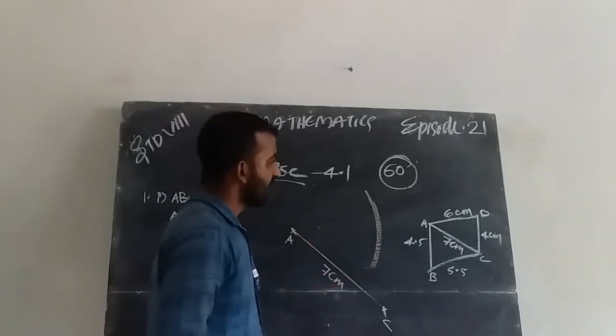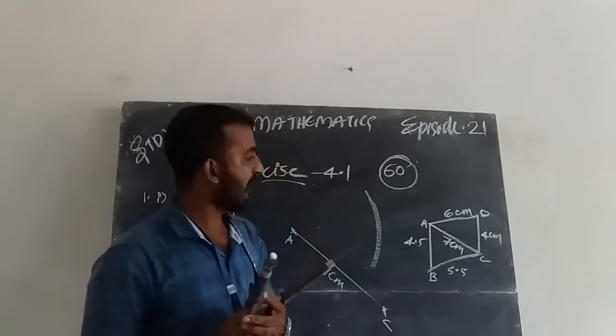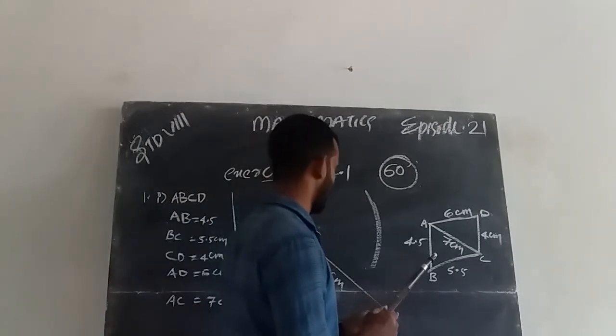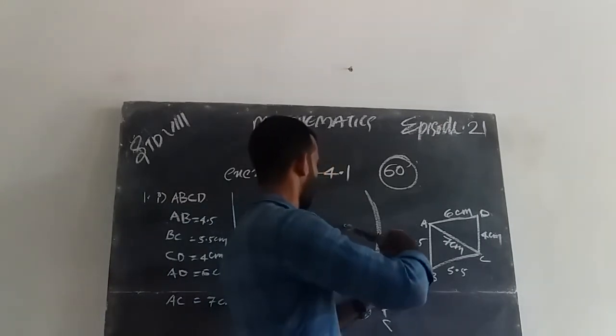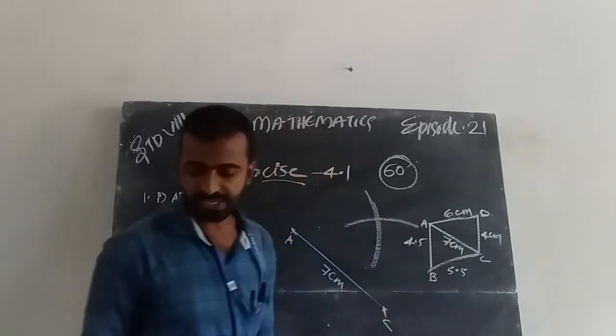And next we draw an arc with 4 centimeter with the center C. Then we get an intersection.